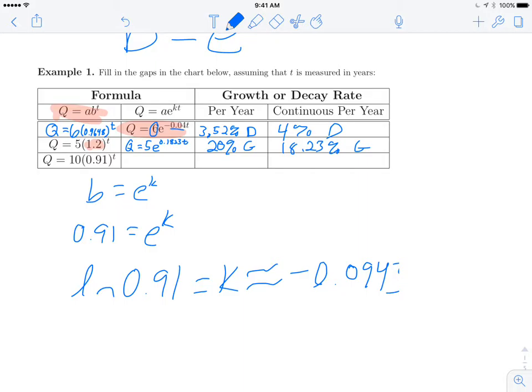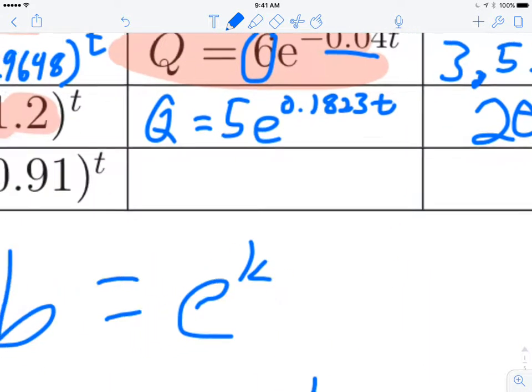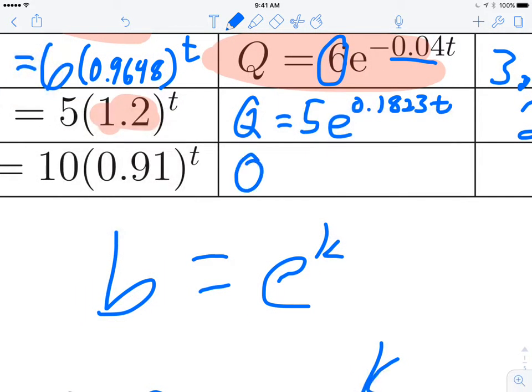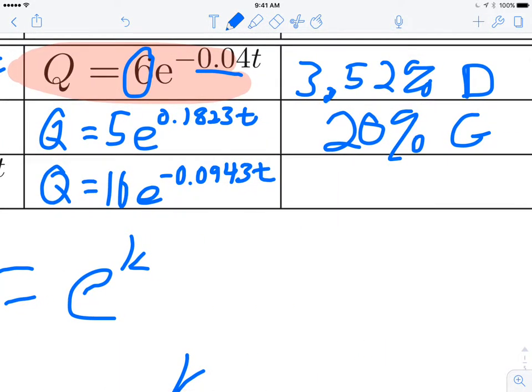Okay, that looks all weird. So we'll have Q equals 10e to the negative 0.0943t. This is my formula.